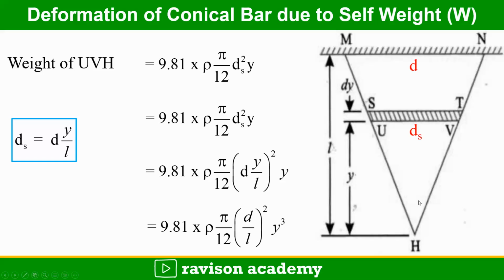We know ds equals d into y by L. On substituting, we get the equation as 9.81 rho into pi by 12 into d by L the whole square into y cube.